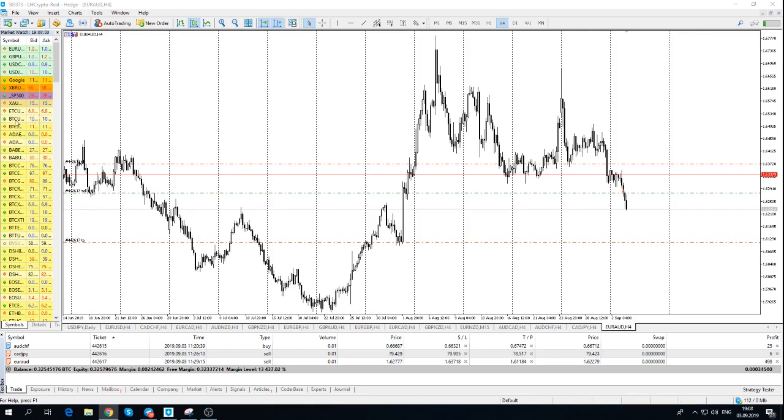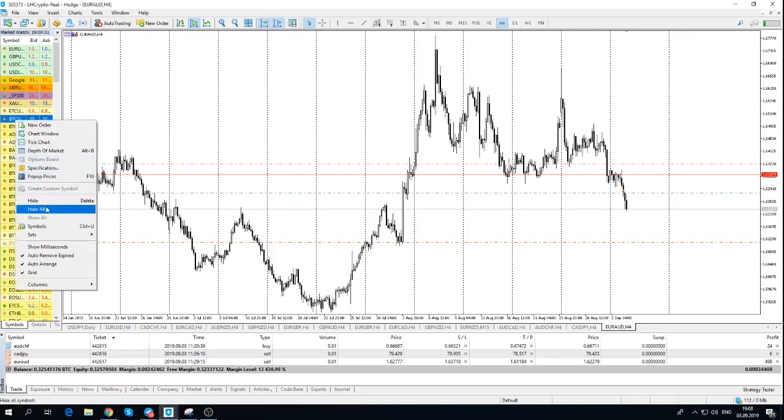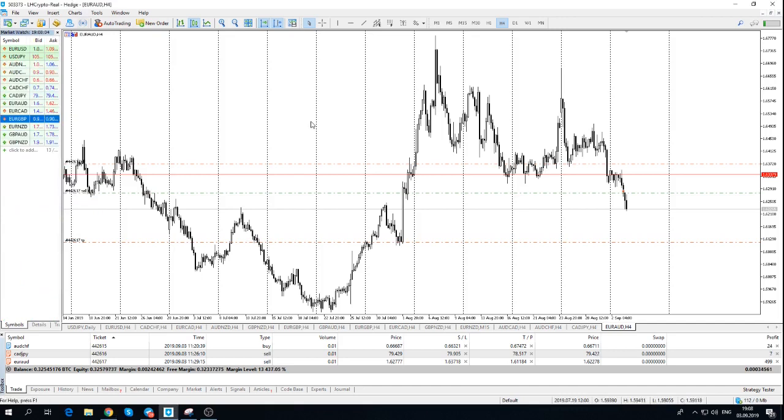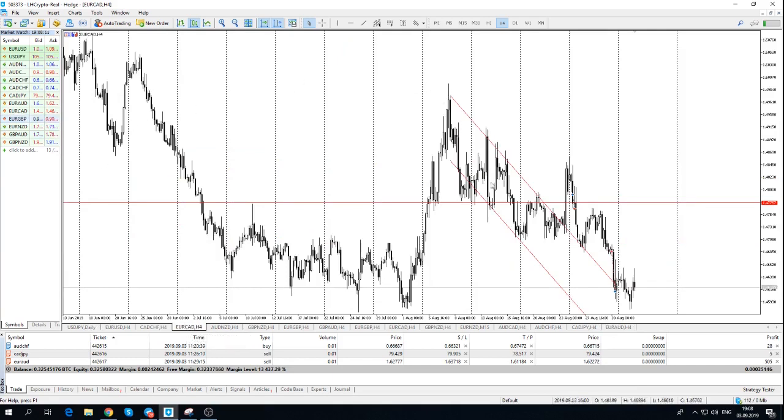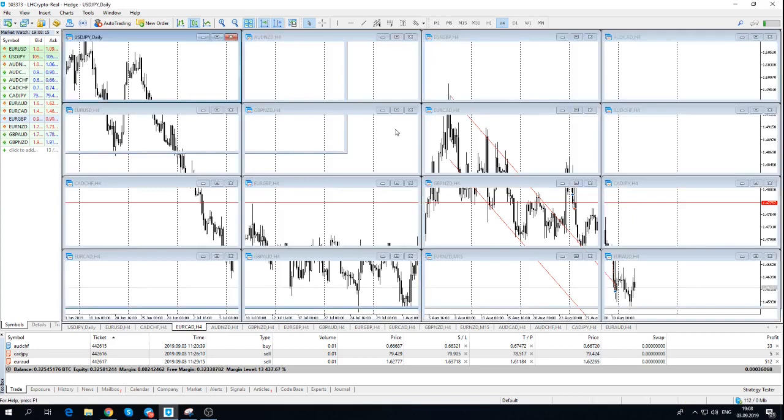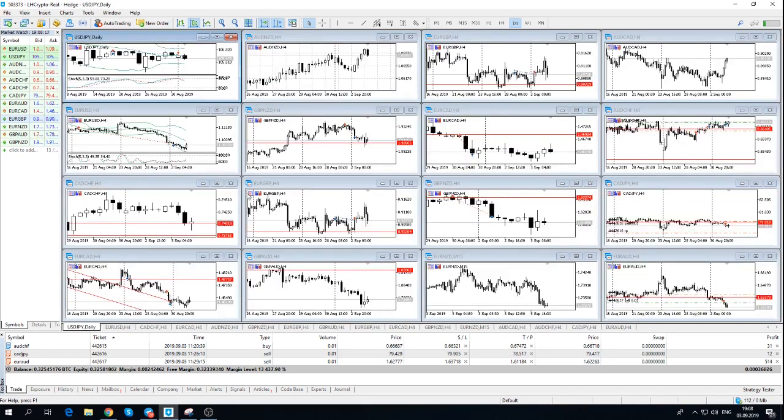When you get the trading platform, you will see it the same as we see it right now. Some charts, maybe a lot of windows, and one major thing: on the left side you will see only seven or maybe ten currencies, and that's all.